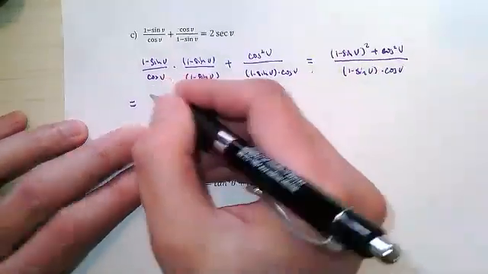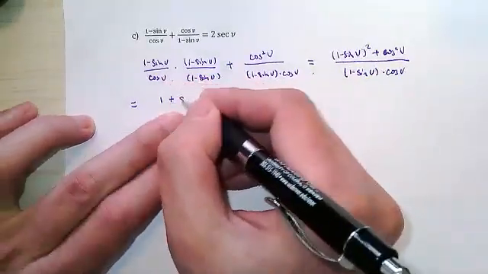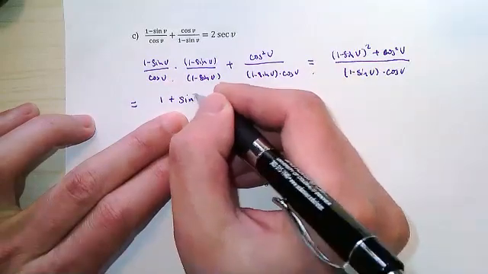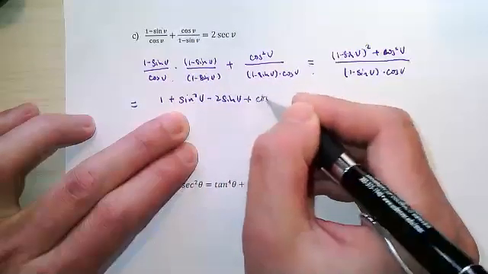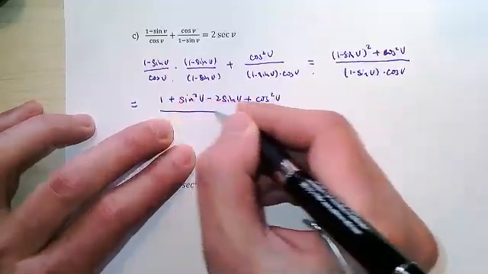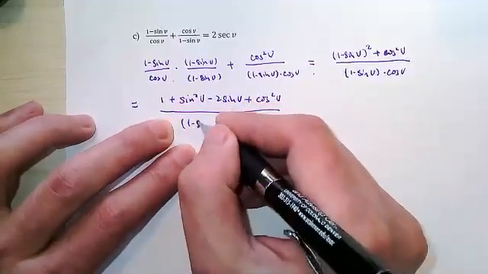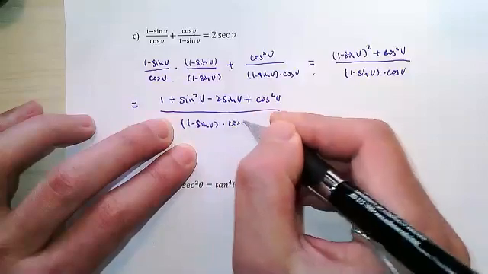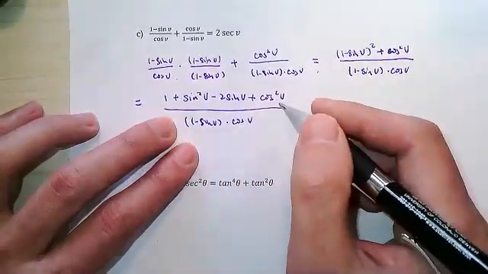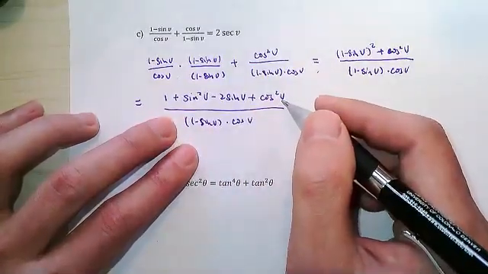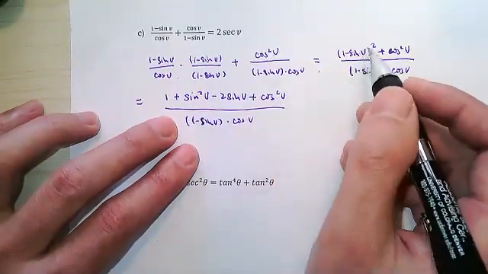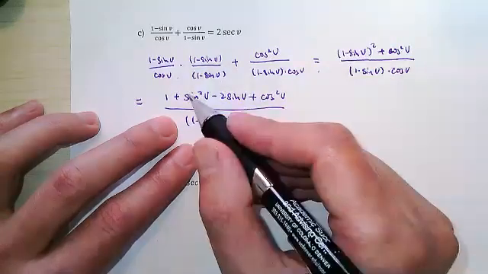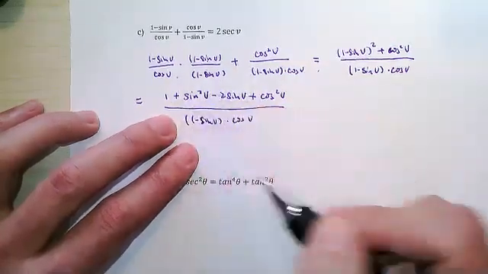This guy squared is 1 minus 2 sine v plus sine squared v, plus cosine squared v, equal to 1 minus sine v times cosine v. That's it. I just completed a square here. You see, that's why we got a bunch of stuff here.